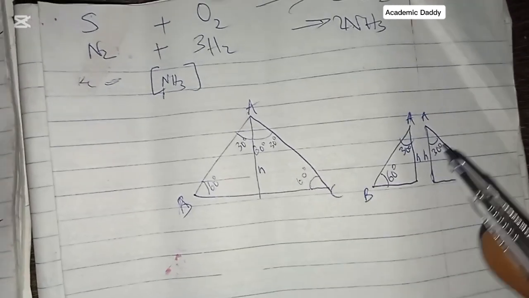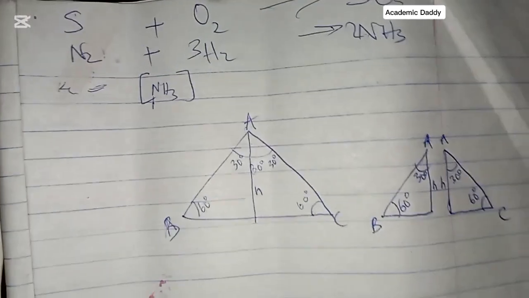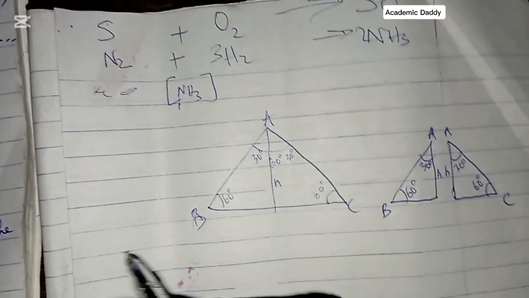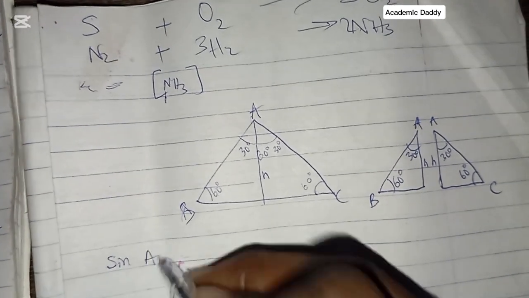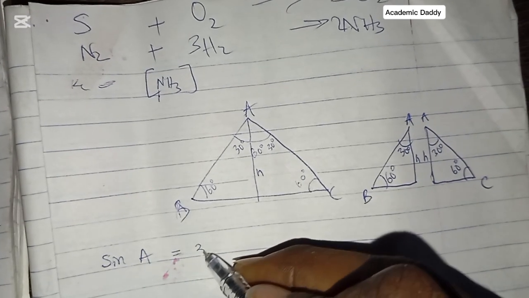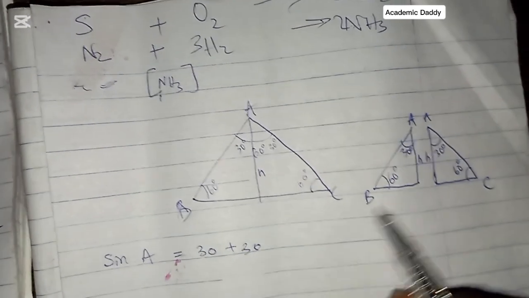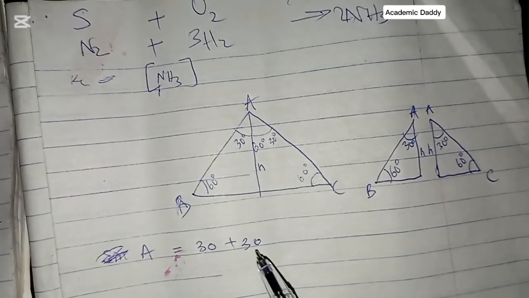By the time you put these two angles together, it gives you the double angle. But when I'm considering just one of these, for example, A itself is the same thing as saying 30 plus 30.